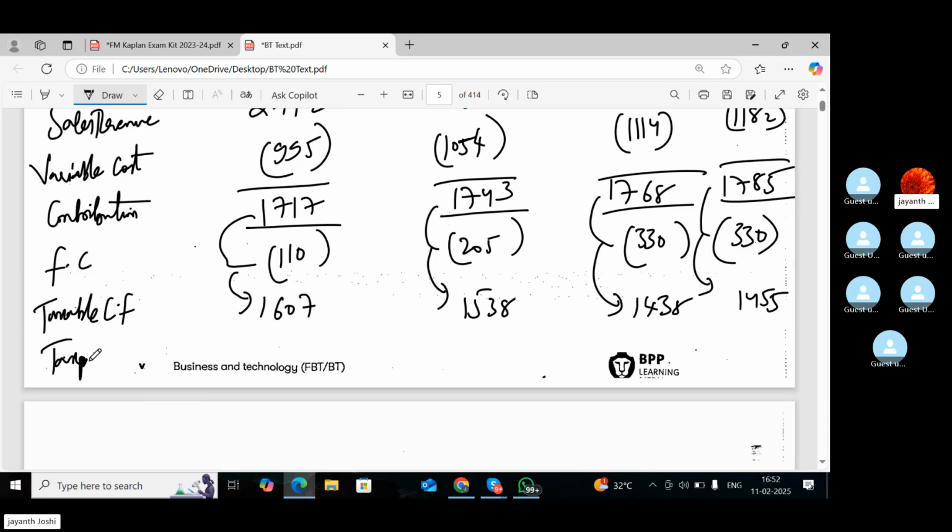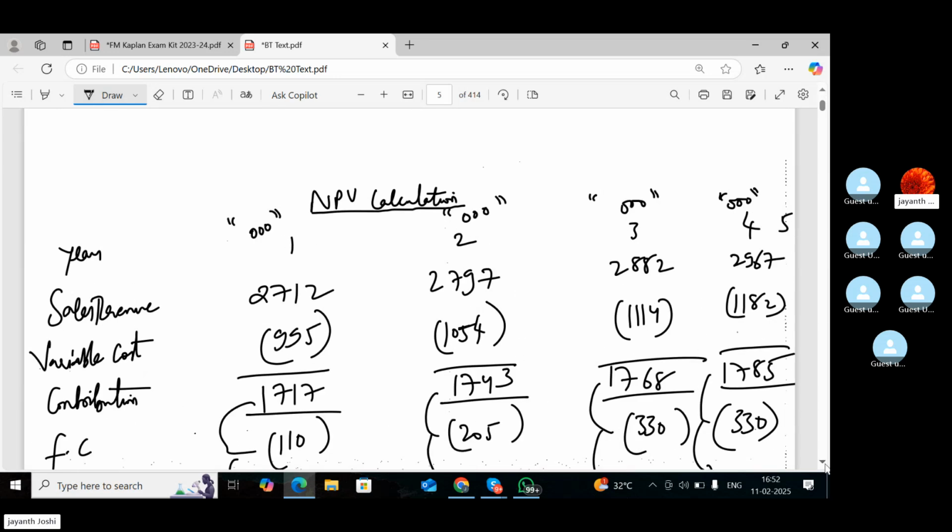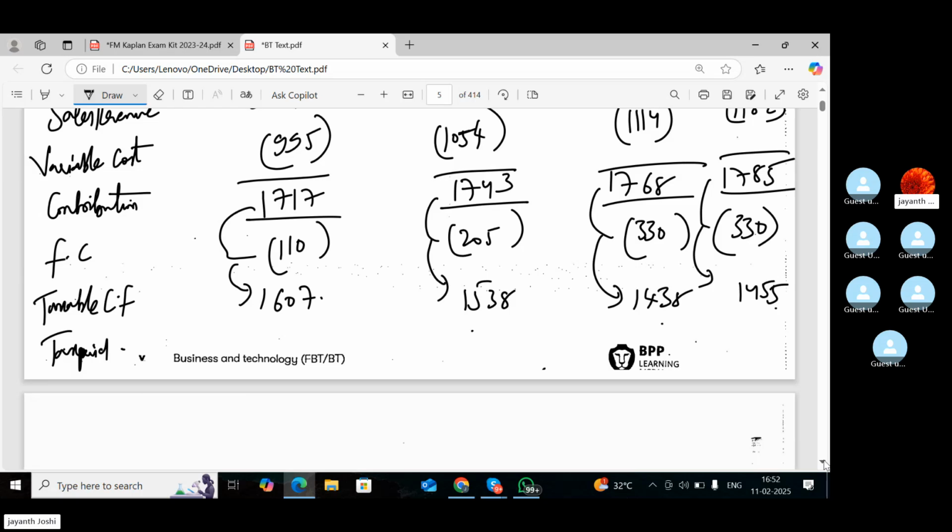Tax paid: the taxes are paid in arrears and the benefits will also be taken in arrears. So tax for this will be paid in the next year, and for the last one in the 5th year. I'll write the values accordingly.